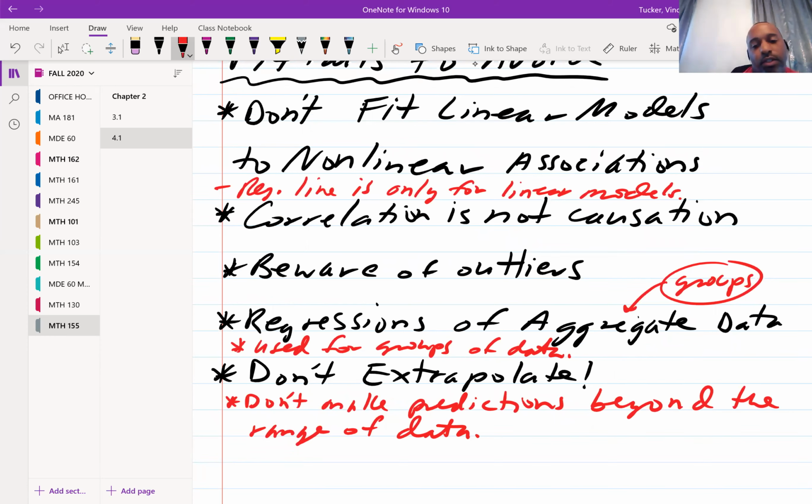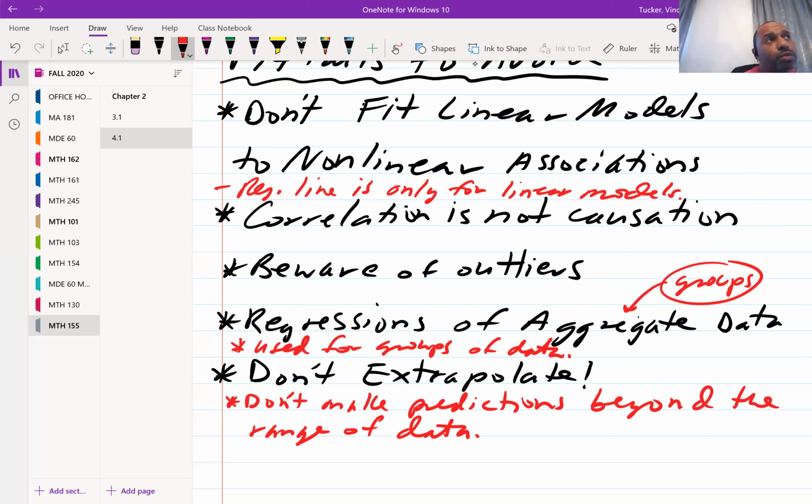So the last one, don't extrapolate. In other words, don't make predictions beyond the range of data. Make sure the prediction you're trying to make applies to the data that you have based your observations on, or the equation that you base your observations on, and don't go beyond that.